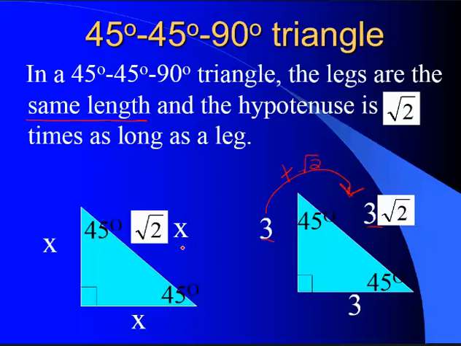So whatever number I plug in here for x, I'm going to plug in here and here. They're all three going to be the same. But that hypotenuse is square root 2 times. In other words, you're taking this number over here, you're taking 3 and you're multiplying it by square root 2. If you did that in your calculator, you would get a bigger number than just 3. So the hypotenuse still has to be longer than the two legs.